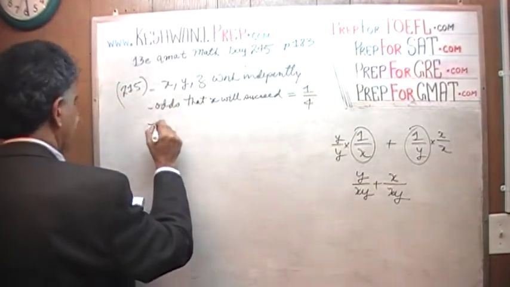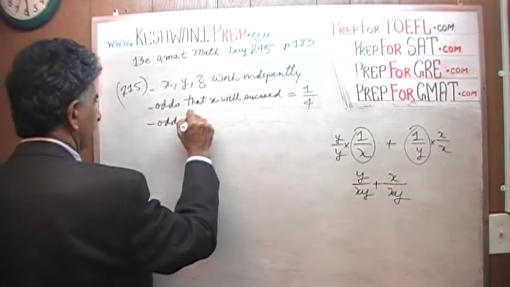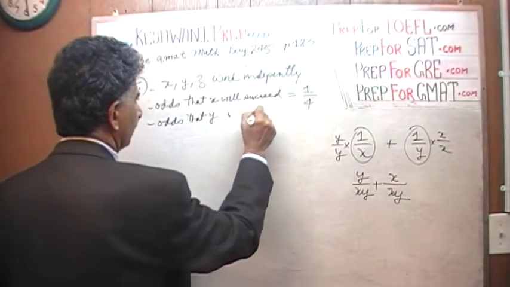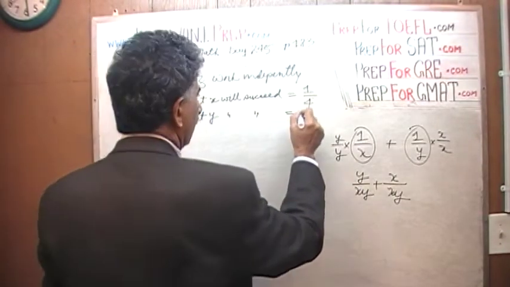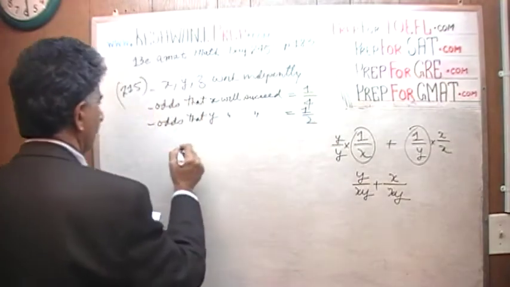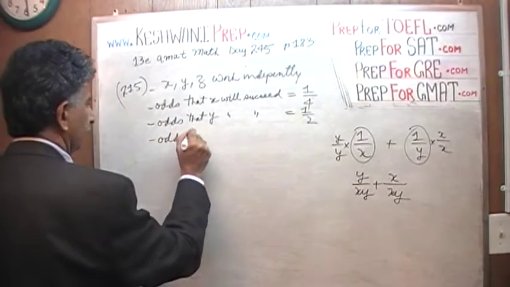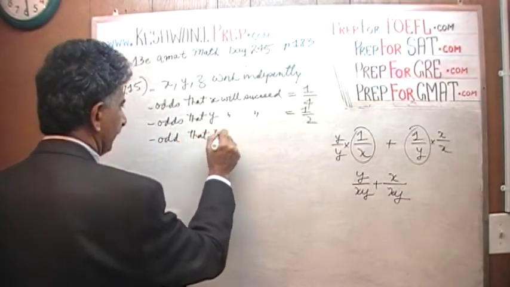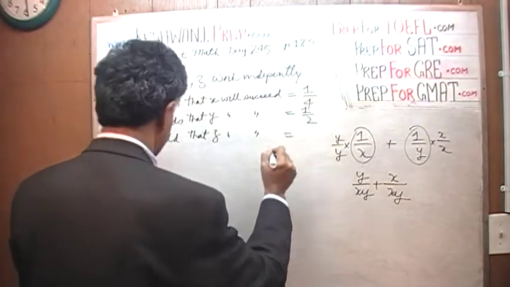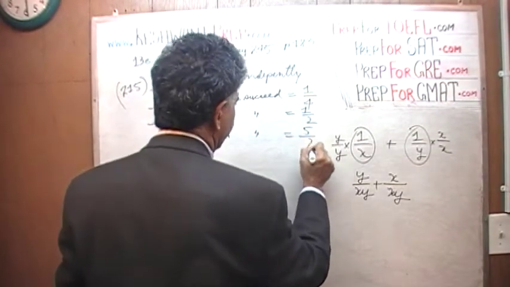We are also told that the odds that y will succeed is 1/2. And we are told that the odds that z will succeed is 5/8.